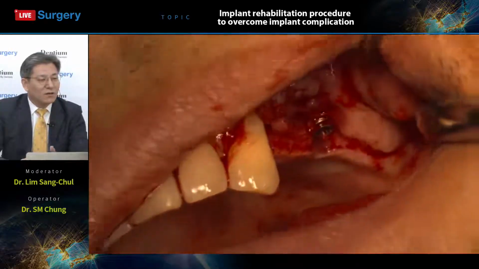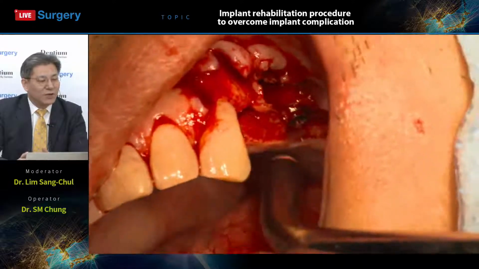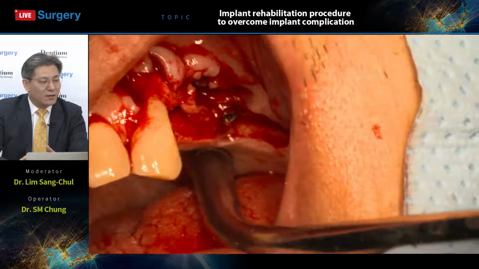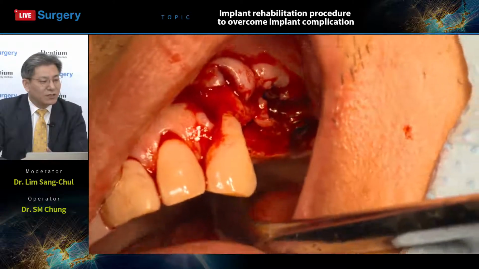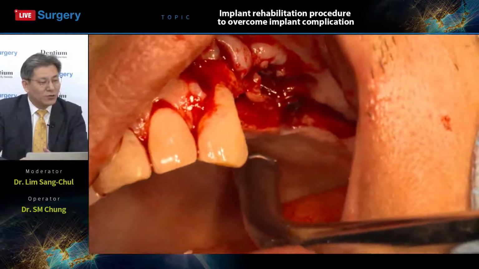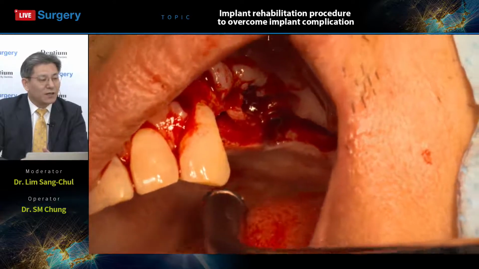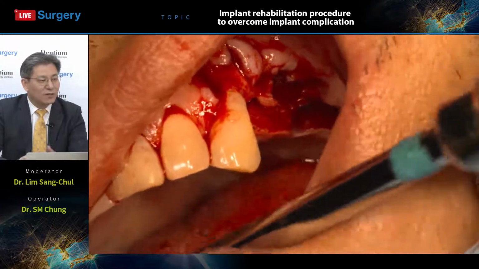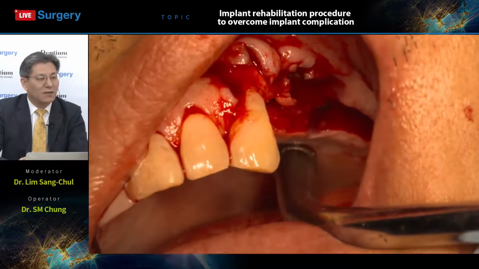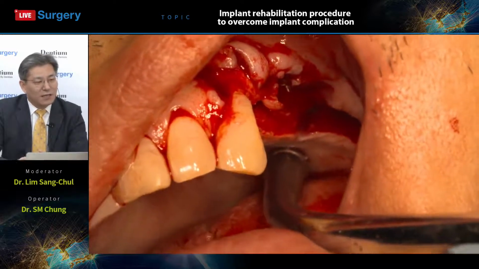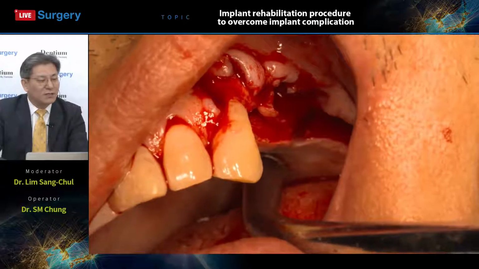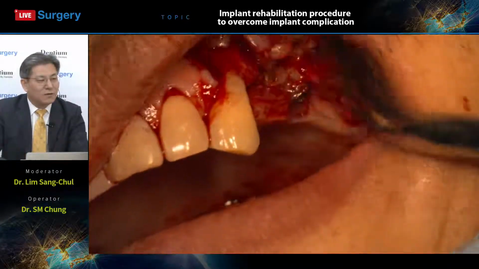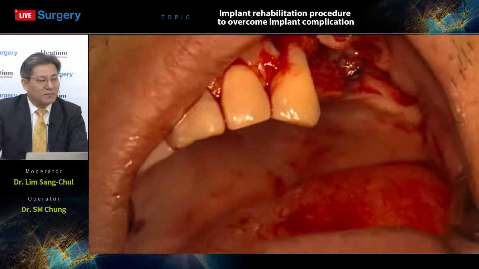So in this kind of narrow ridge, when you install an implant, you can use a tissue level implant instead of a bone level implant, because the smaller diameter tissue level implant is the same as one size bigger diameter of a bone level system.